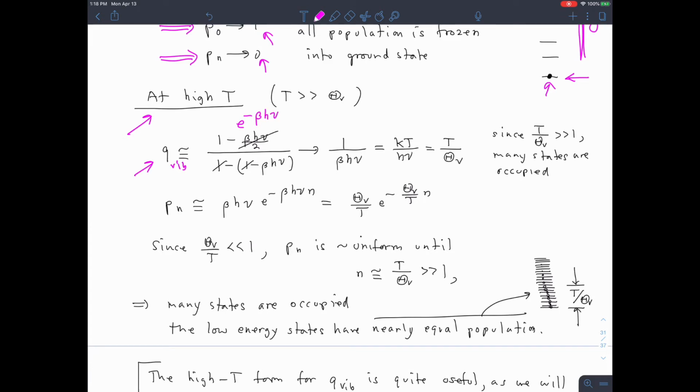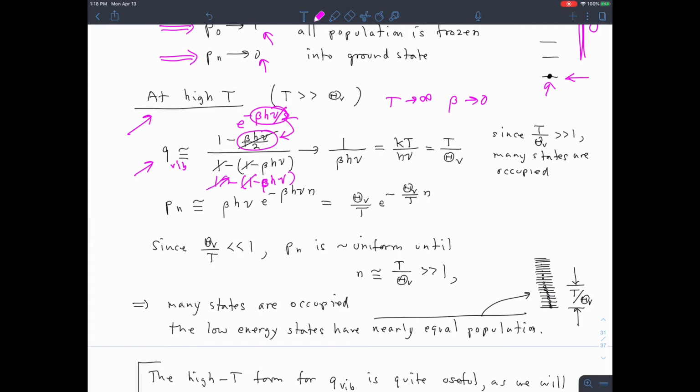Beta is, if T is going to infinity, then beta is going to 0, so this is getting very small. If we expand that exponential to just the first power, then we get 1 minus beta h nu over 2. And in the denominator, we get 1 minus, well, 1 minus e to the minus beta h nu.